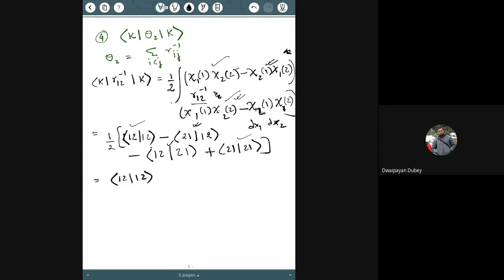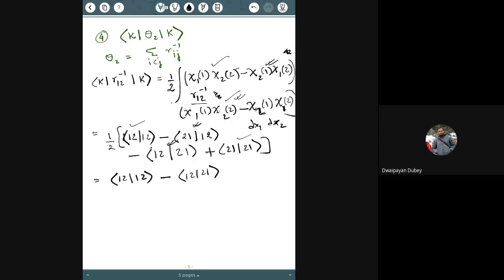And then from this and this, you have minus. They are also the same. So if you interchange, by interchanging coordinates of electron 1 and 2, you can write it as maybe 1, 2, 2, 1.